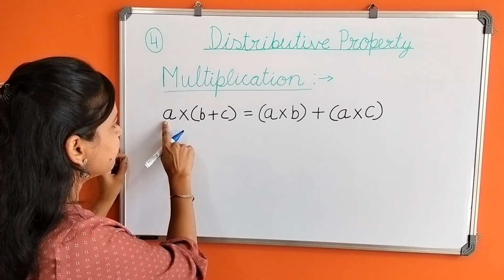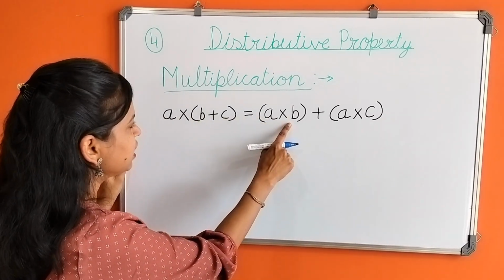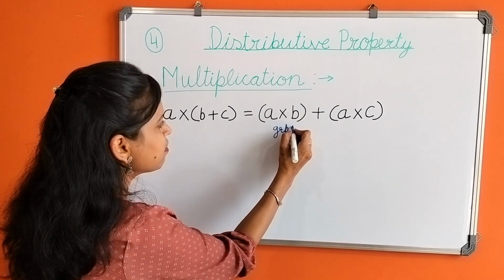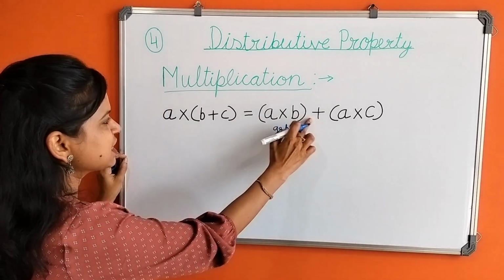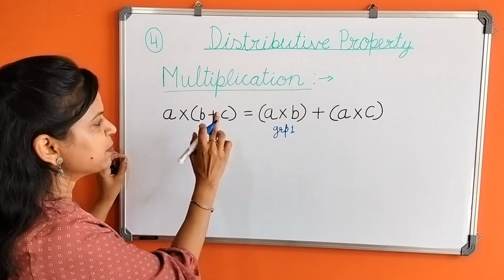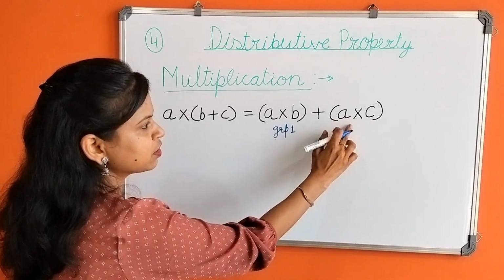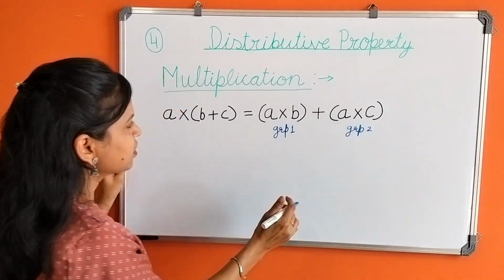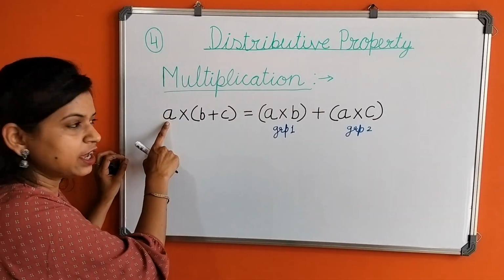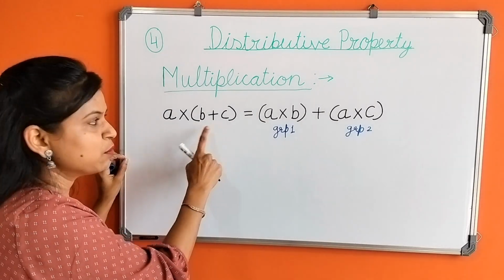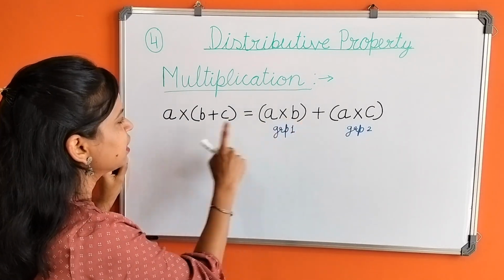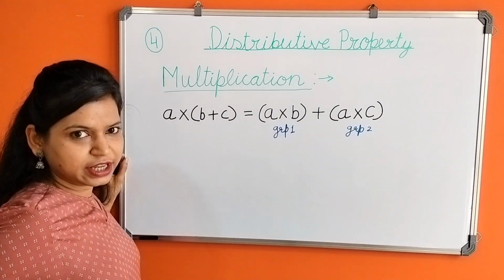How? a will be multiplied with b, this is one group, plus a will be multiplied with c also, this is another group, the second group. So we have distributed a with both b and c: a into b plus a into c.